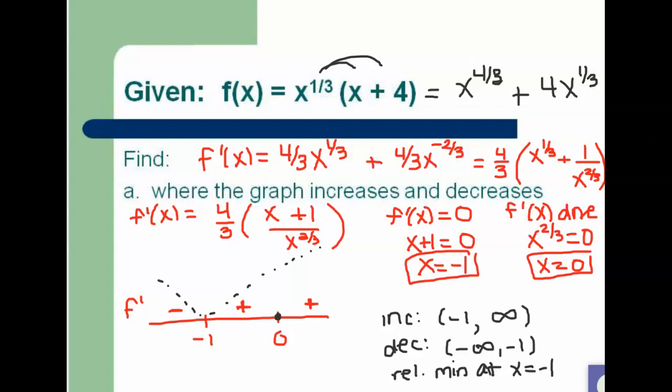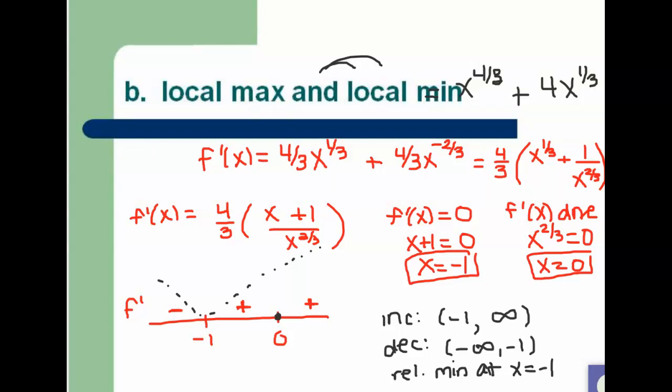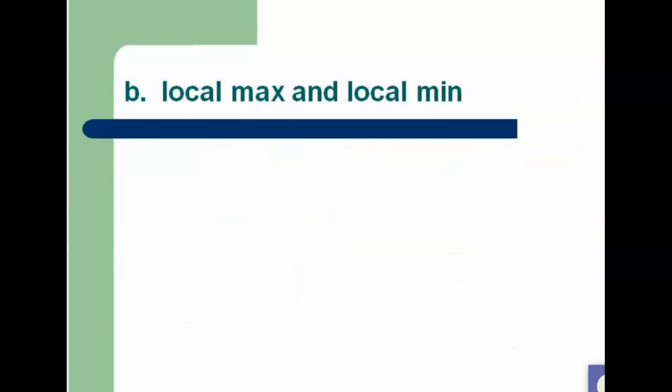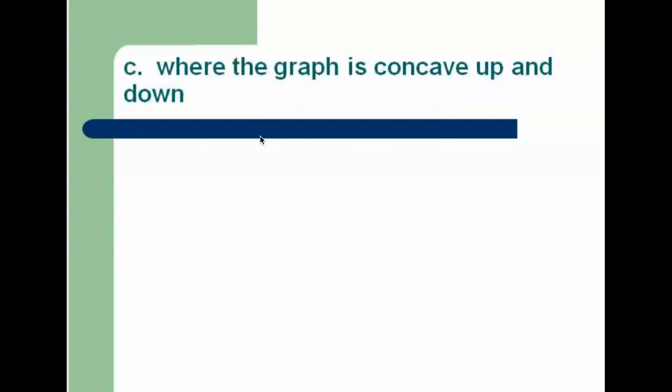Looking at my second derivative, I'm going to open up a new page just because I'm running out of space. We already talked about the max and mins. Where is this concave up and concave down? So we have to find our second derivative. And just because I know we're running short on time, I'm just going to give you the second derivative a little quicker.